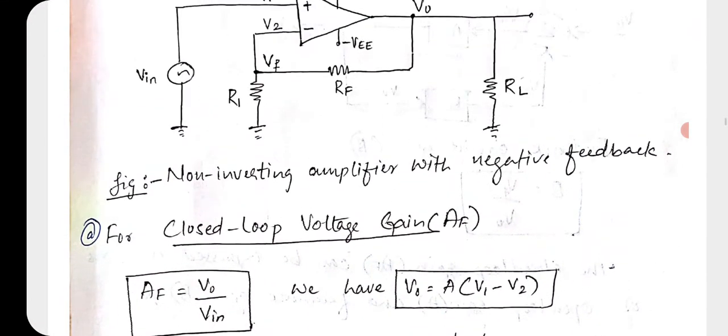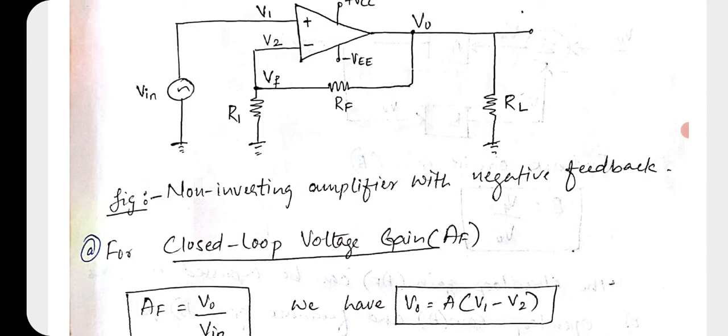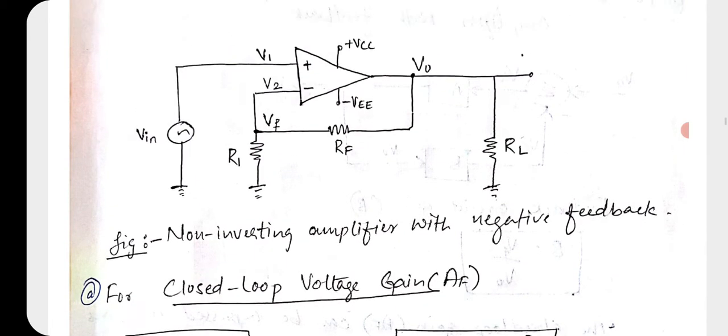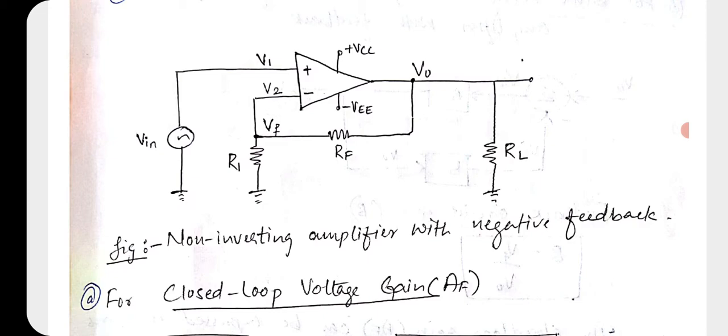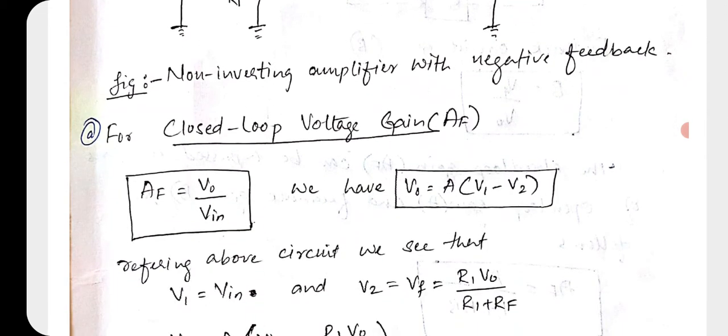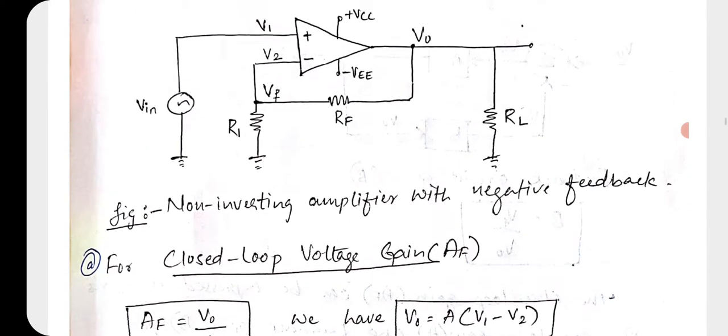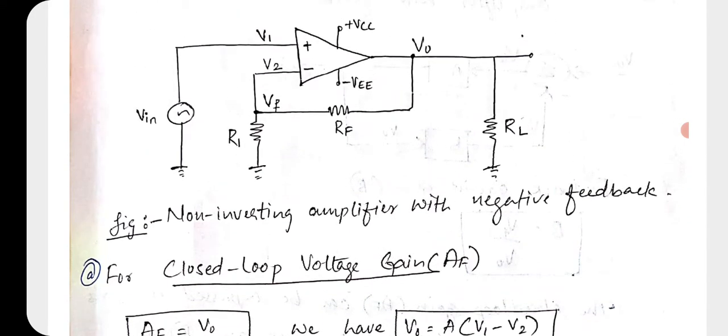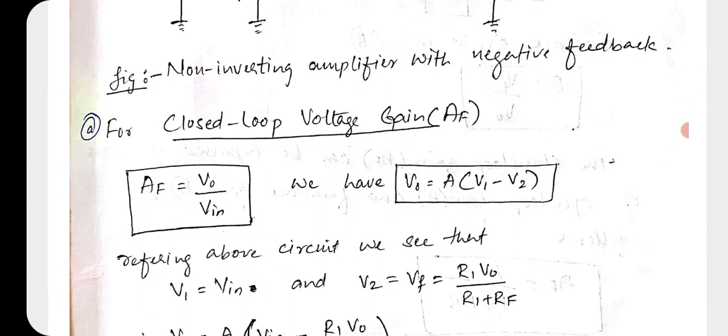What is V0? Voltage at the opposite node. For Vf, the opposite voltage is V0, right? R1 into V0 whole divided by the sum of the resistances. The sum of the resistances is R1 plus RF. This is the voltage divider rule.